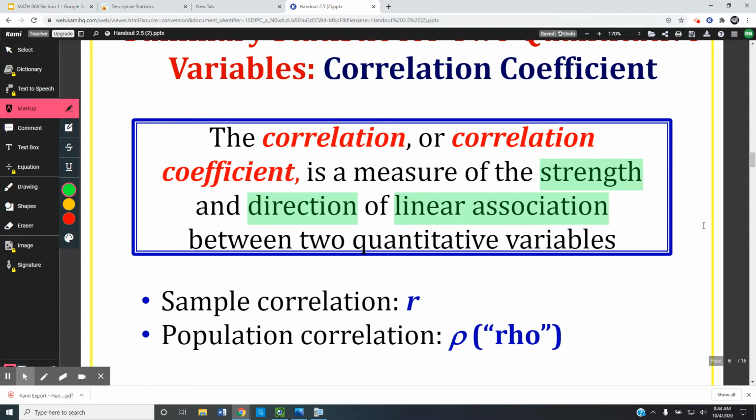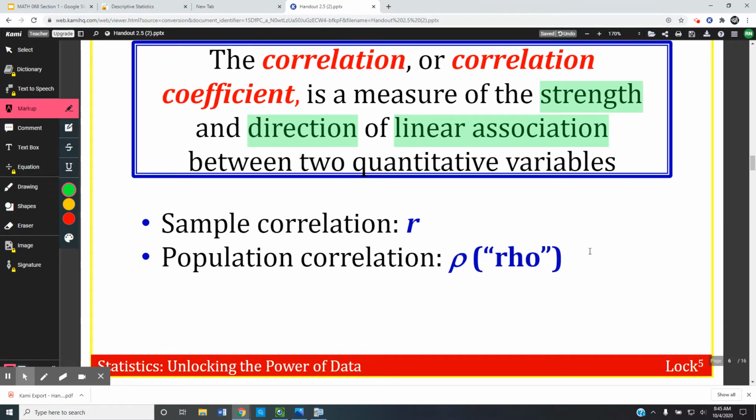Linear meaning straight line. Strength meaning how strong, weak, okay, very strong, no strength at all. And what direction, positive or negative. The sample set correlation is r, and the population correlation is rho. They mean the same thing, but they're for two completely different sets.